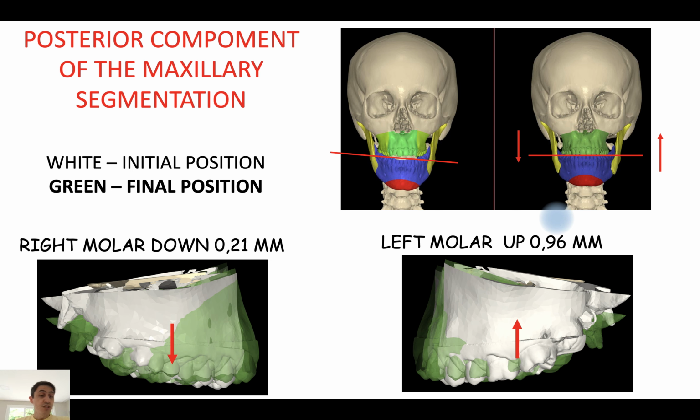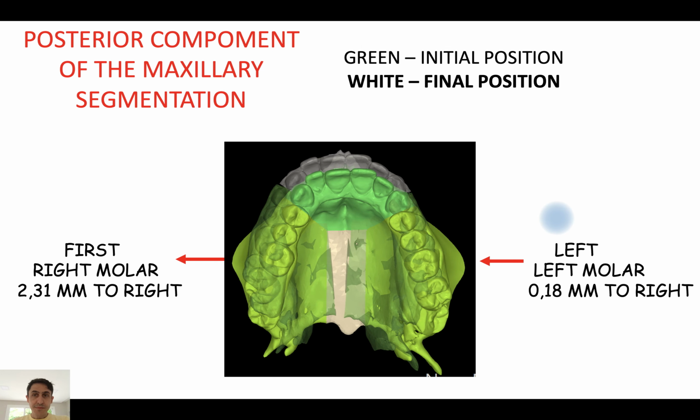In the posterior component of this maxillary segmentation, you can observe the differential rotation of the segments that contributes a lot to the symmetry achieved at the jaws. As you can see here, the left molar goes up 0.96 millimeters, and the right molar goes down 0.21 millimeters. This posterior component also had some rotational movement.